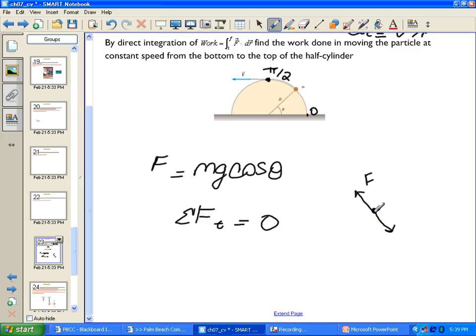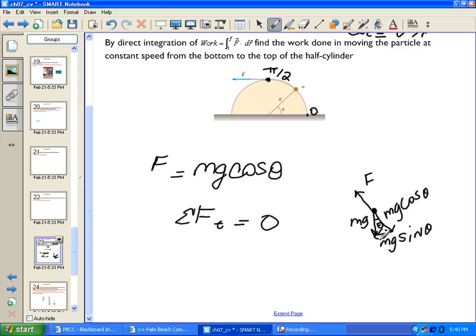In fact, because we have the force of gravity acting on our bead, mg, this component will be mg cosine of theta, the angle theta that has been traced out by the position of this bead, and this component here is mg sine of theta.